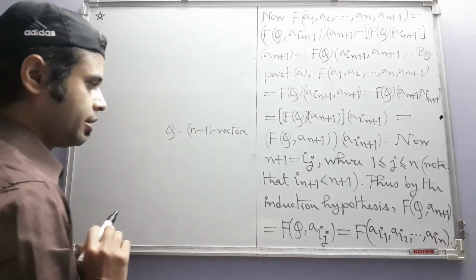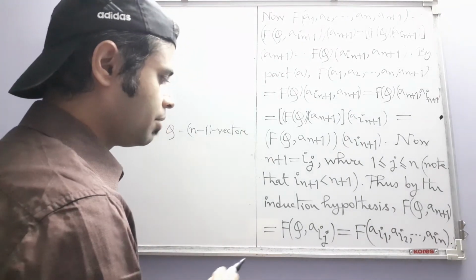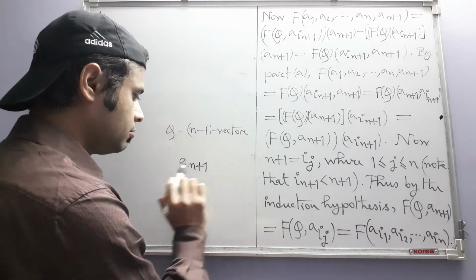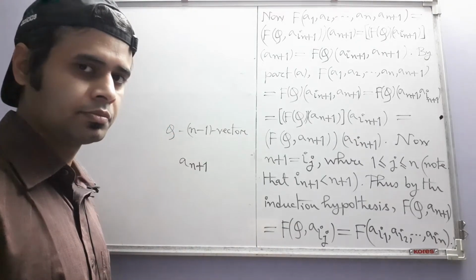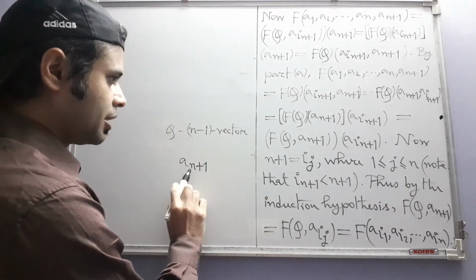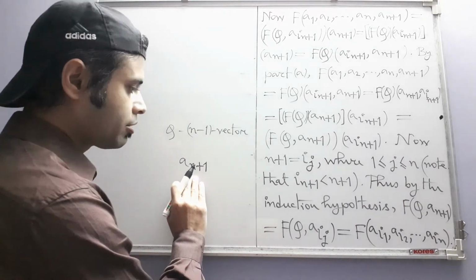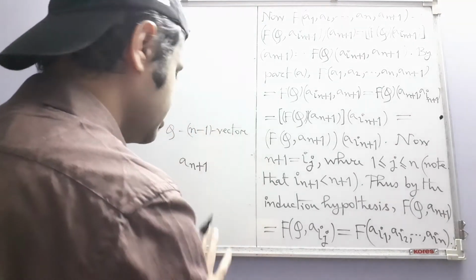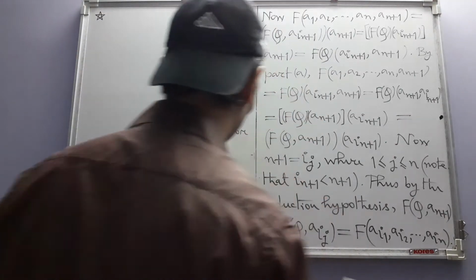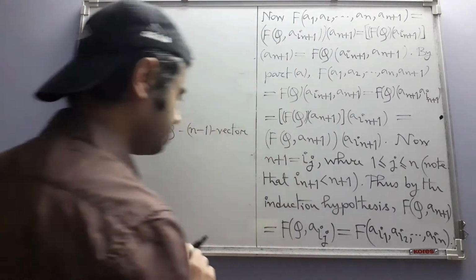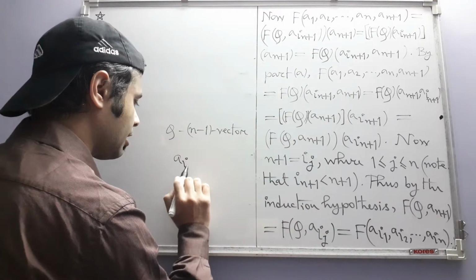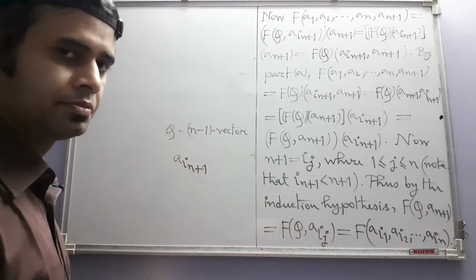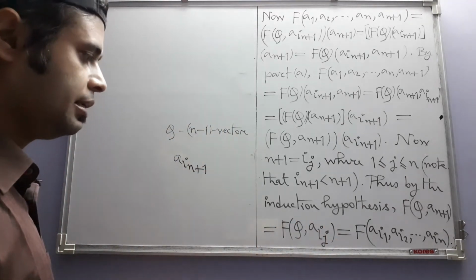There will be a problem if we have A_{i_{n+1}} here in this n tuple, in this n vector. Is that possible?